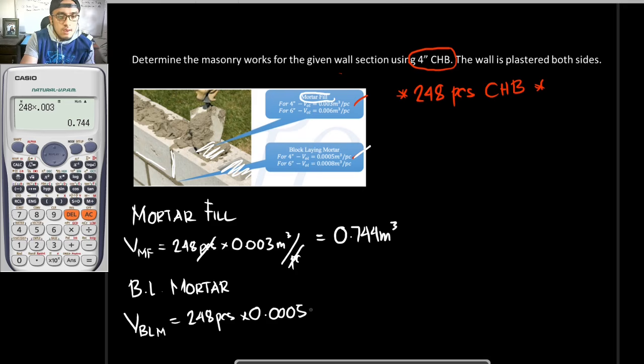Cubic meters per piece. So the unit piece would cancel out, giving you an answer of 248 times 0.0005. So it would give you an answer of 0.124 cubic meters.